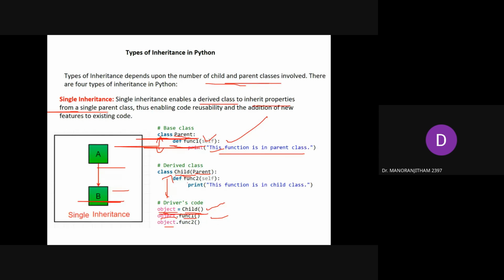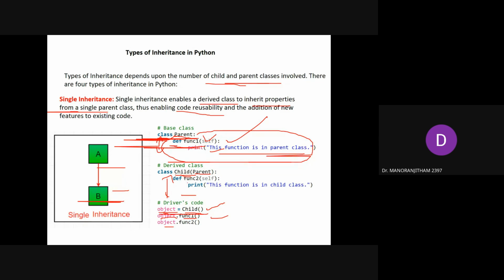Why do we need this inheritance concept? It enables code reusability. If I want to add any other features, I can reuse these functions again. I do not need to create the same function inside the child class, so I can reuse the same code.